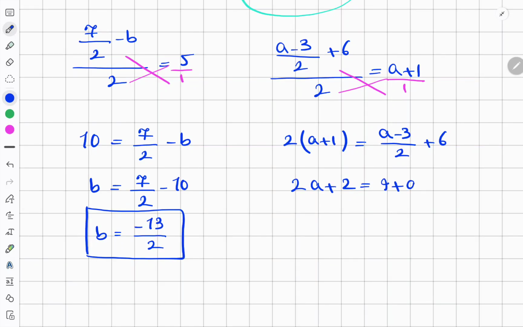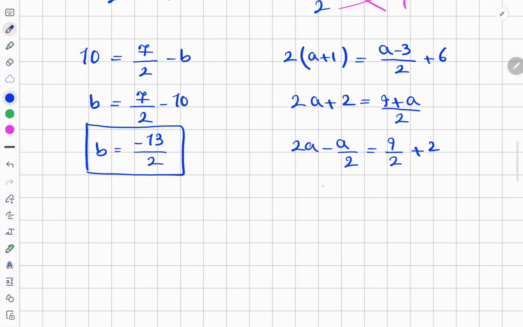So 9 plus a over 2, and 2a minus a over 2 equals 9 over 2 minus 2. So 3a over 2 equals 5 over 2.